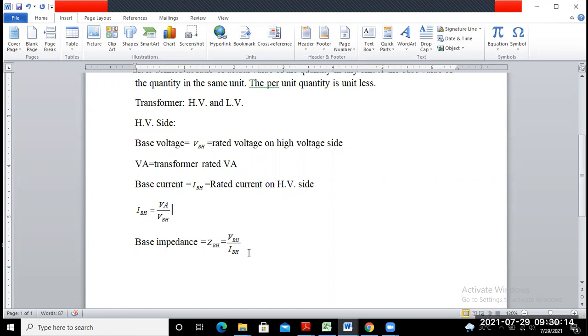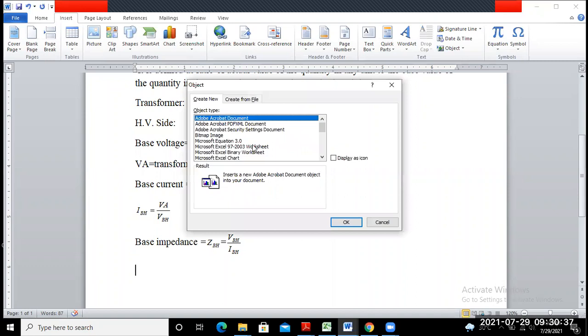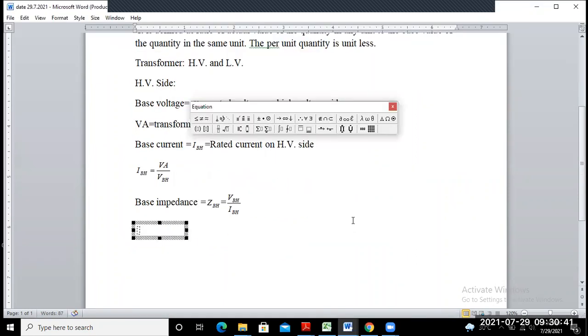So in the next step, you put the value of IBH. What can we write for ZBH? We put IBH equal to volt ampere divided by the base voltage of the high voltage side. So ZBH can be represented in this way.